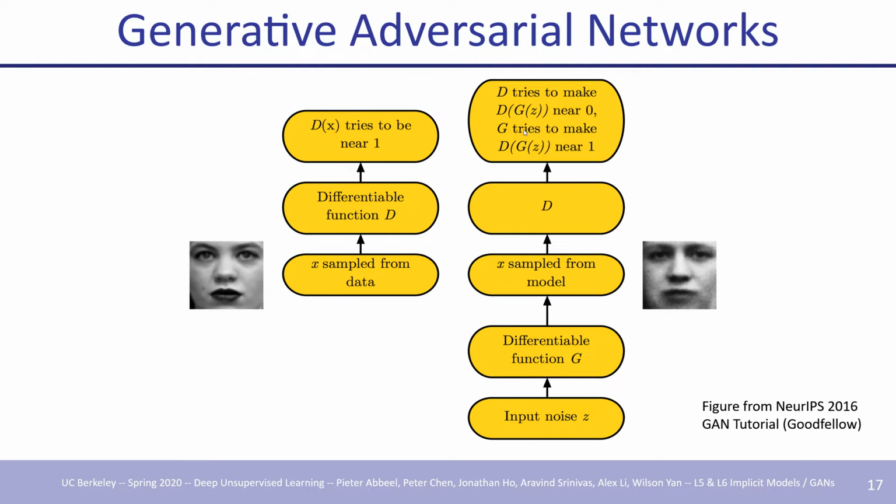And then you have another one where you say create some input noise, and G generator is a differentiable function also. So you create an image from G, and then you ask the discriminator, is this fake or real? And then of course it's fake. So then you have two sort of gradients going back.